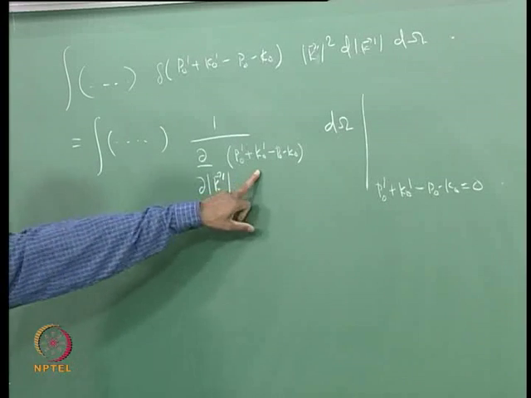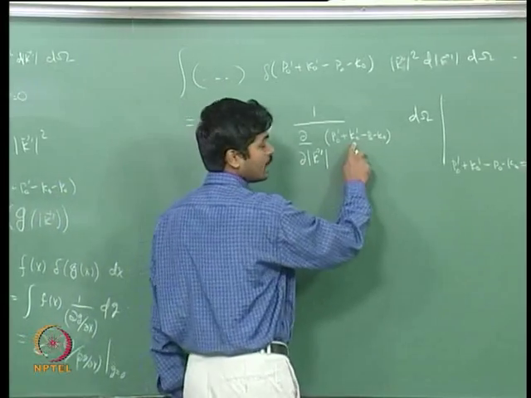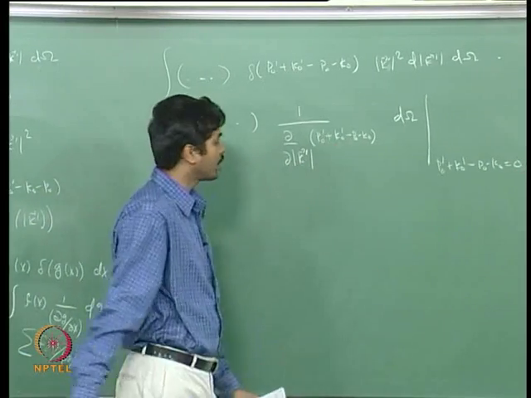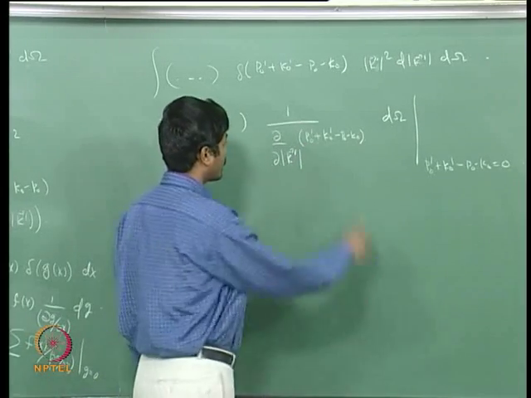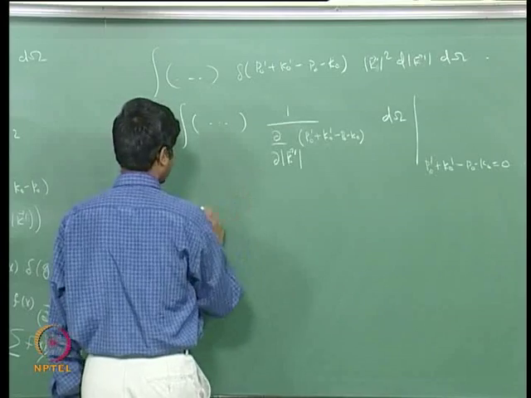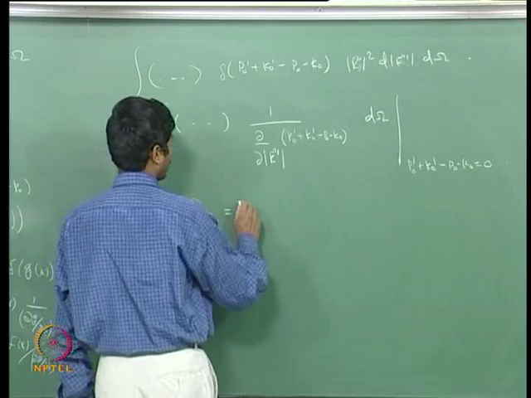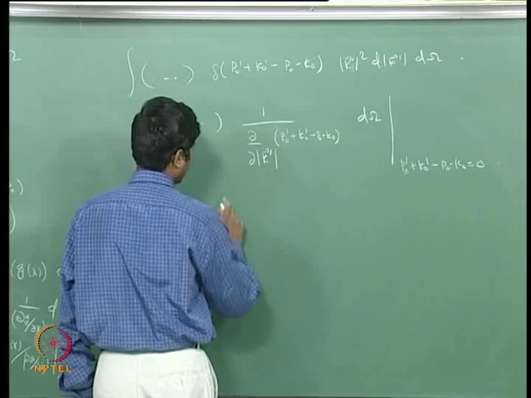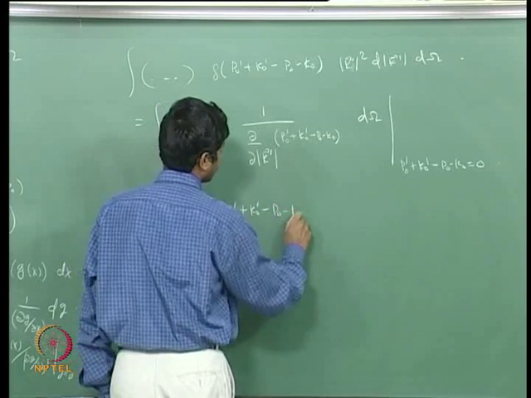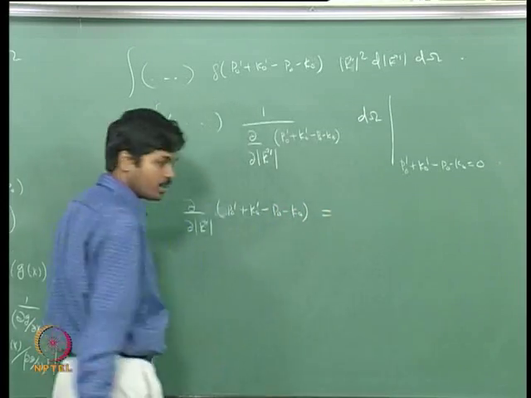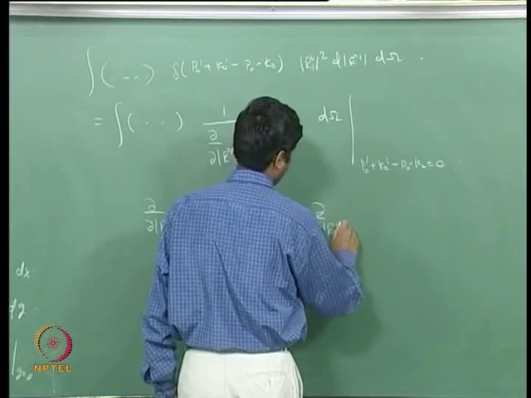So what is this quantity here? We have already seen earlier that this k0 prime is modulus of k prime, and there is a k0 dependence in p0 prime. So the quantity in the denominator is nothing but del over del mod k prime acting on p0 prime plus k0 prime minus p0 minus k0, which is del over del mod k prime.